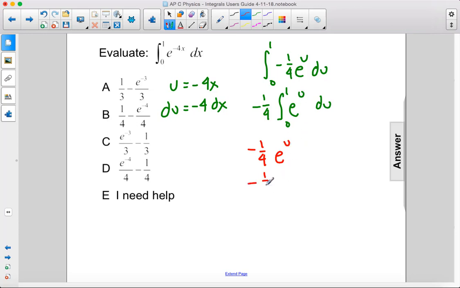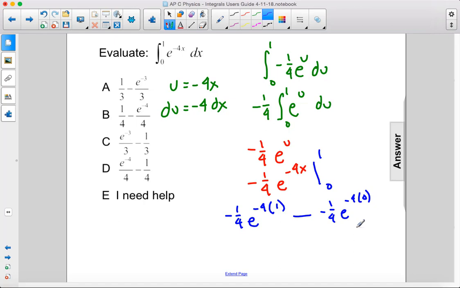So we have negative 1/4 e to the negative 4x, and we will now evaluate that from 0 to 1. So we have negative 1/4 e to the negative 4, minus negative 1/4 e to the negative 4 times 0.